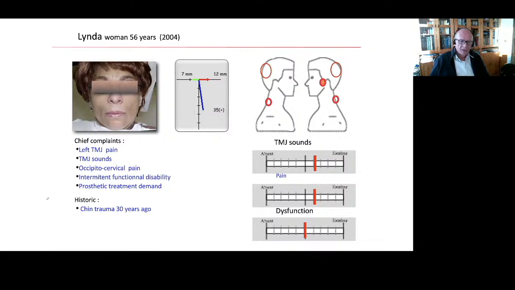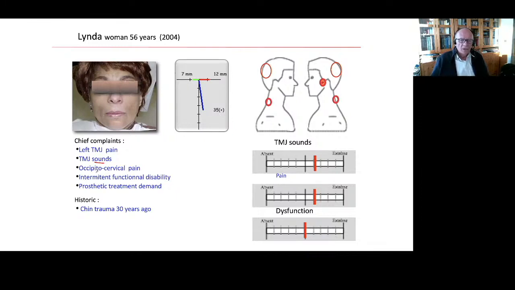Another case. Linda, 56 years old, with a pain on the left TMJ, clearly on the left TMJ, with crepitation sounds.